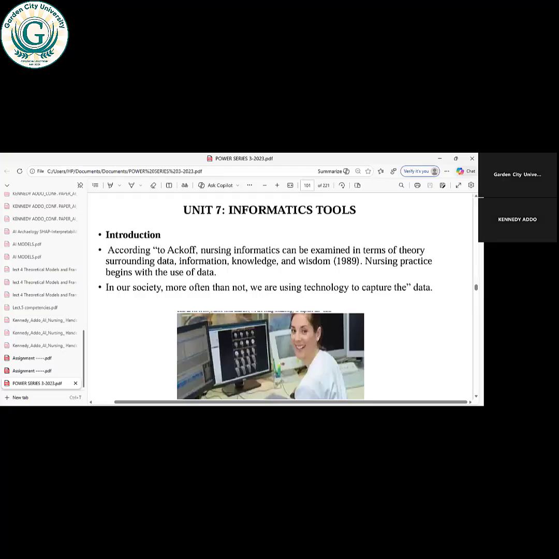Okay, so let's appreciate informatics tools. Let us not get confused, because we have already reviewed informatics tools, where we got to know the major tool is a computer, then any communication system, that is ICT, information and communication technology.